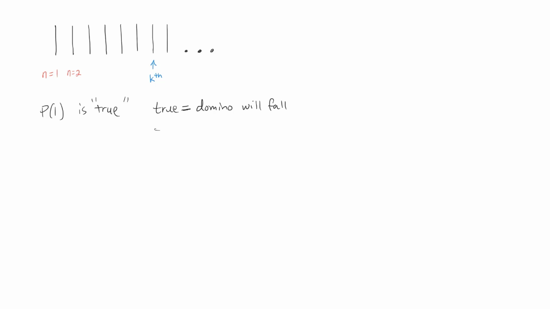So the other question is, if I hit the kth domino and it falls, another way of saying that is P of k is true, right? Remember, true means the domino will fall.